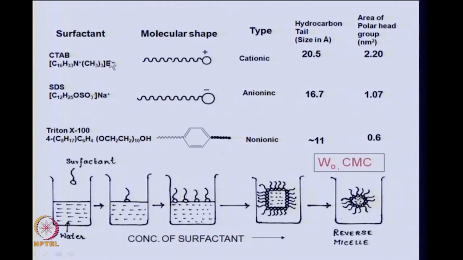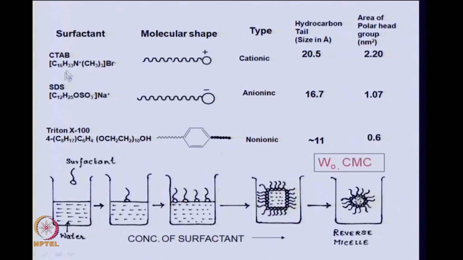So, as you change the surfactant from CTAB to SDS, which is an anionic surfactant, to Triton X 100, which is a neutral surfactant, you go from cationic to anionic and to non-ionic surfactants.